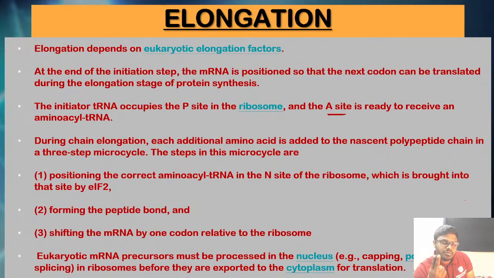Second and the most important step, formation of a peptide bond. And third, another very important step, we call it, friends, translocation. That is moving the ribosome 1 codon ahead. That is what exactly we call translocation.